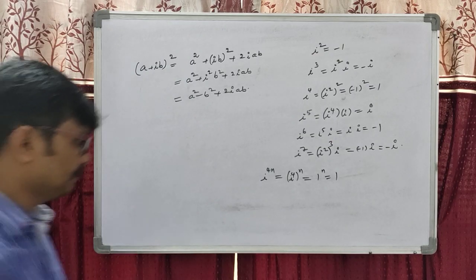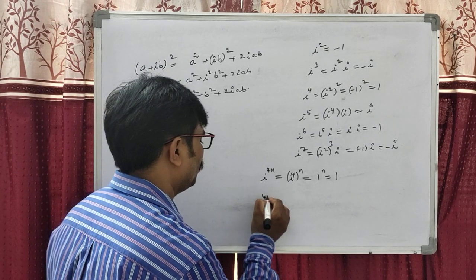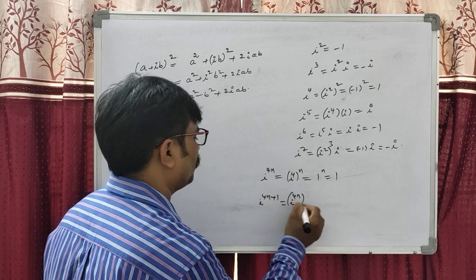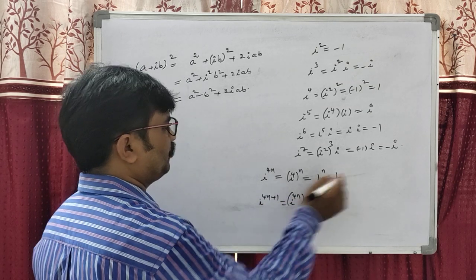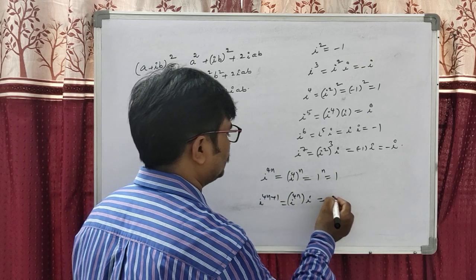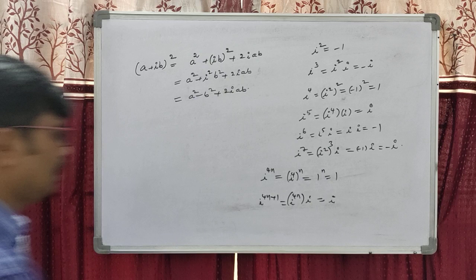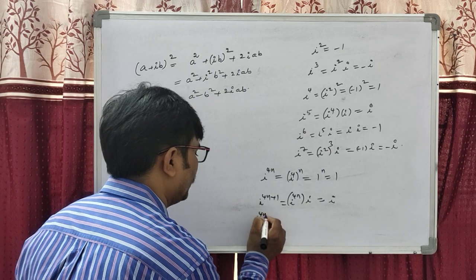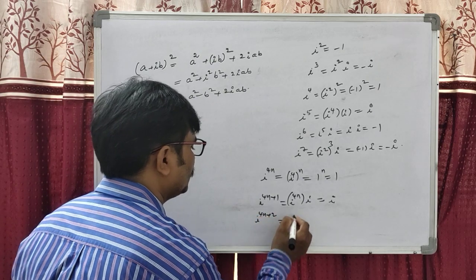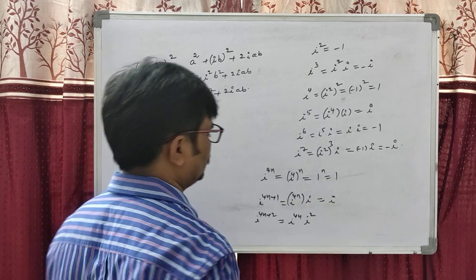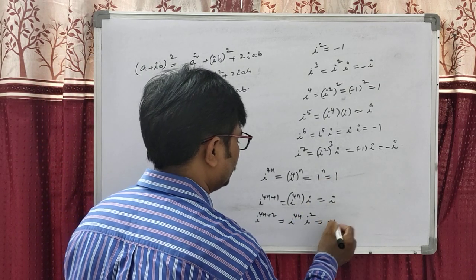Suppose students, i^(4n+1). This is i^(4n) into i. i^(4n) is 1. 1 into i is i. Now students, i^(4n+2). This is i^(4n) into i². i^(4n) is 1. i² is minus 1.